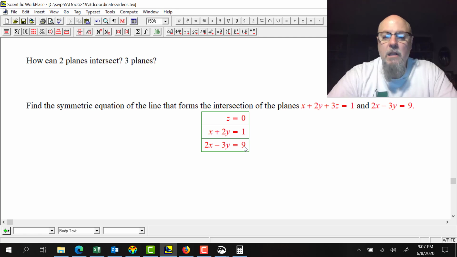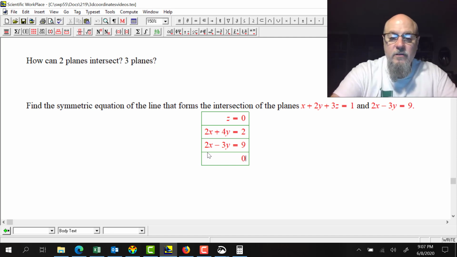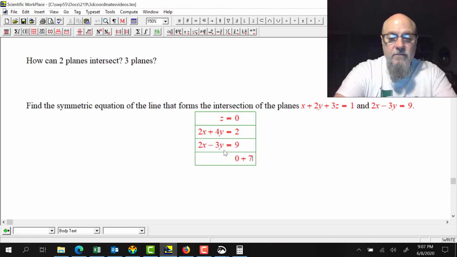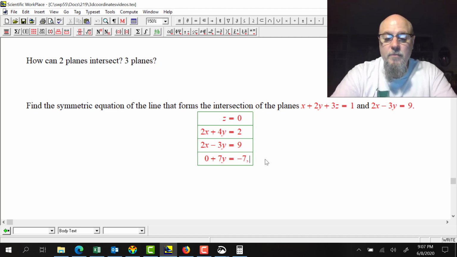I can use elimination or substitution to solve these two equations. I'm going to multiply that top equation through by 2 so I can subtract those equations. So 2x minus 2x is 0, and that's going to be 7y equals minus 7. So y has to be minus 1.